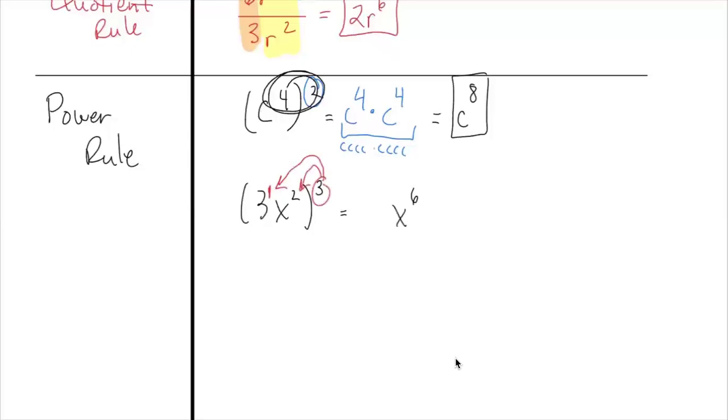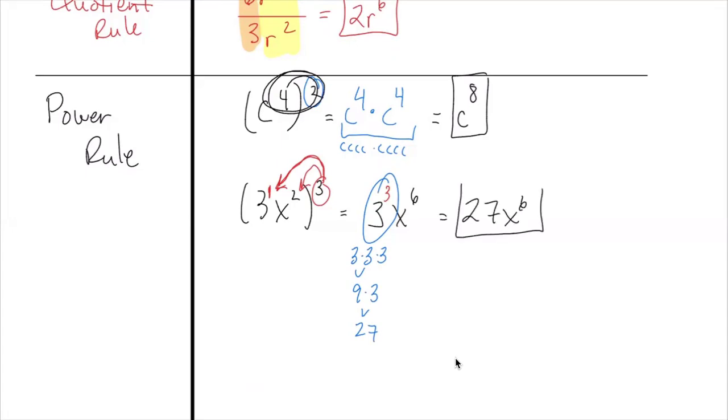So it's 3 to the 3 times 1, and that's 3. So 3 to the third. And now 3 to the third, we can figure that out. That's 3 times 3 times 3. 3 times 3 is 9, times 3 is 27. So the final answer is 27x to the sixth.